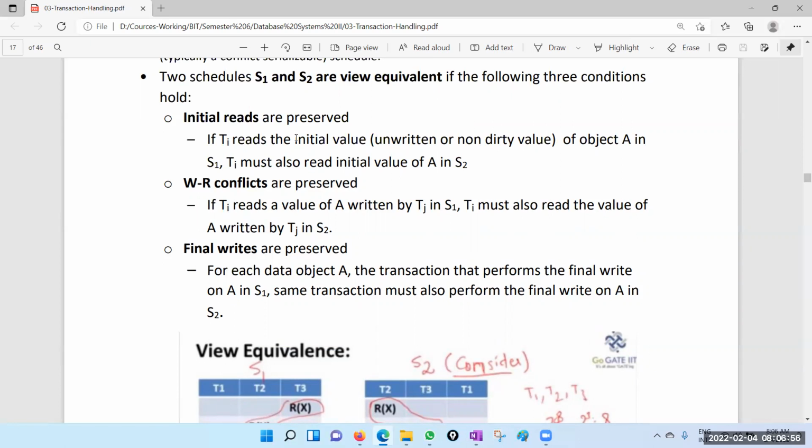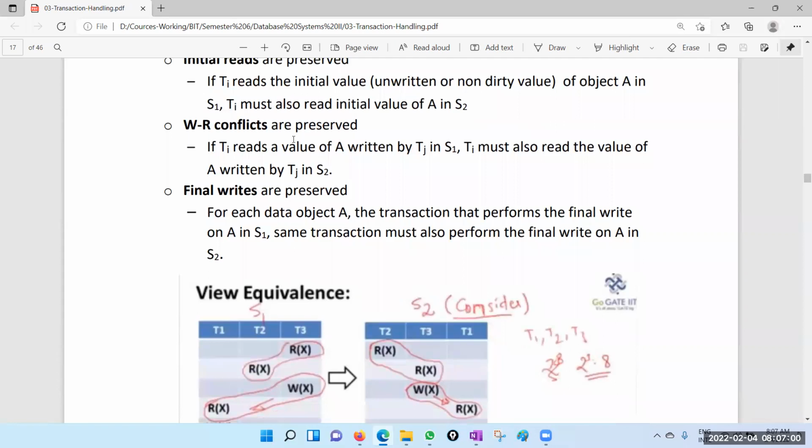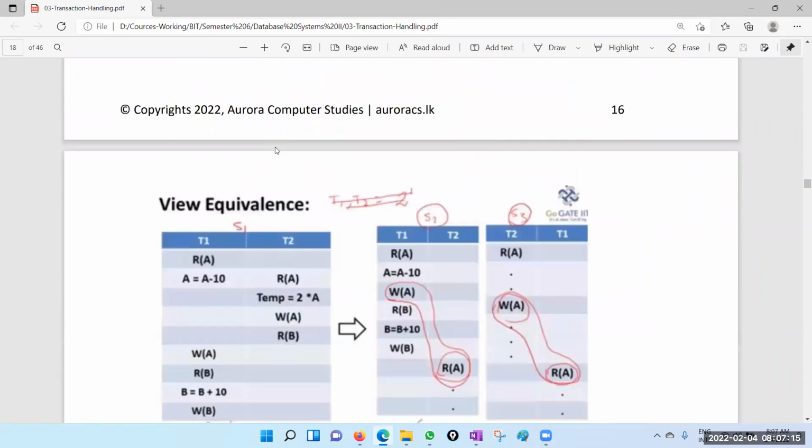Then all the write-read conflicts must be preserved. So if so, we say that it's view equivalent. So if X is serializable and Y is view equivalent to X, then Y is also serializable, because Y is view equivalent to X and X is serializable, maybe conflict serializable. So therefore Y is also serializable. So that is where we stopped.